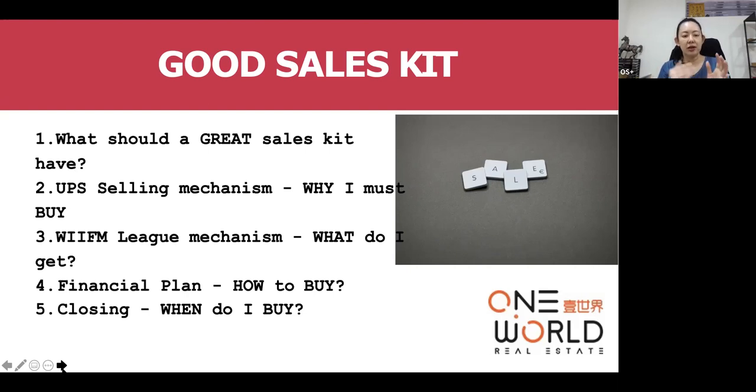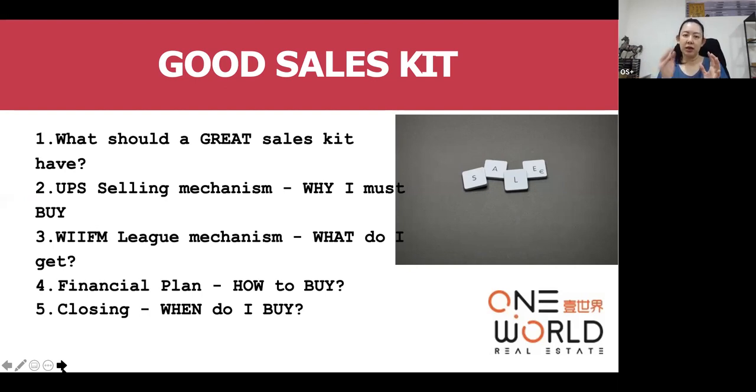So during the closing, when do I buy? They always have what we call uncertainty. When is the time that they are ready? In fact, sometimes they are ready, but they don't have the courage to put in the deposit. So all this information is very important.